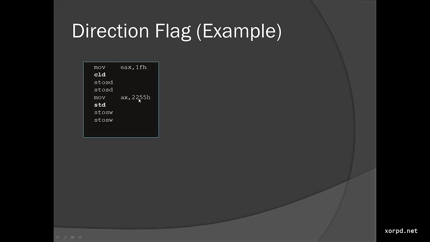Then we move another value into AX and then set the direction flag, followed by 2 STOSW instructions. I remind you that the STOSD instruction is about storing one DWORD, which equals 4 bytes, but the STOSW instruction is about storing 2 bytes, which is one word. D stands for DWORD and W stands for word.